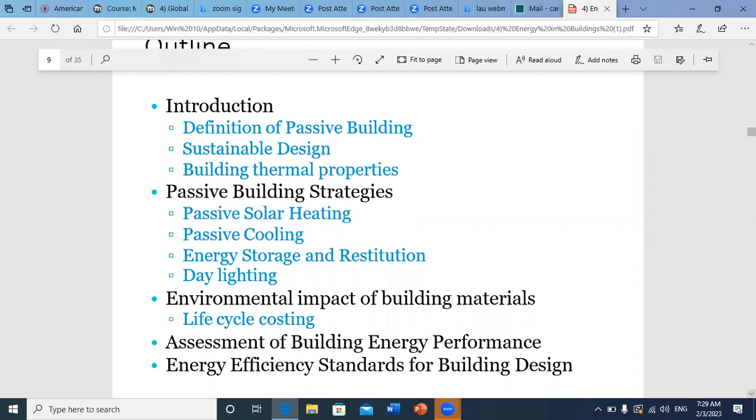So in addition to the economical assessment, we should keep in mind to study environmental impact of buildings here. Here we are studying buildings, so we can see what are the materials used. They should not have harmful material for the environment. We should try to rely less on combustion of fossil fuels to reduce greenhouse gas emissions, etc. So we'll do assessment also of building energy performance and efficiency, and we'll go over different energy efficient standards for building design.